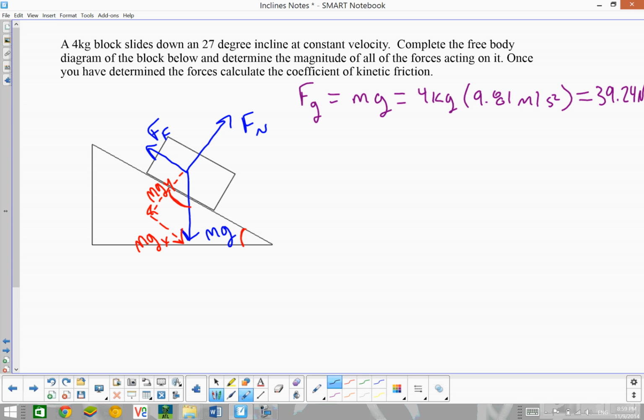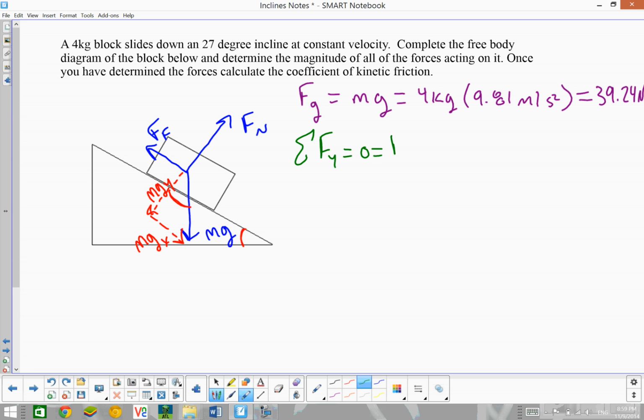Finding the force of friction and the normal force would be a little bit more advanced. This could be the same technique we used last time. Let's go ahead and find the normal force first. And for that, I'm going to look in the y dimension. And I see that the net force in the y dimension must be 0. It's in equilibrium.